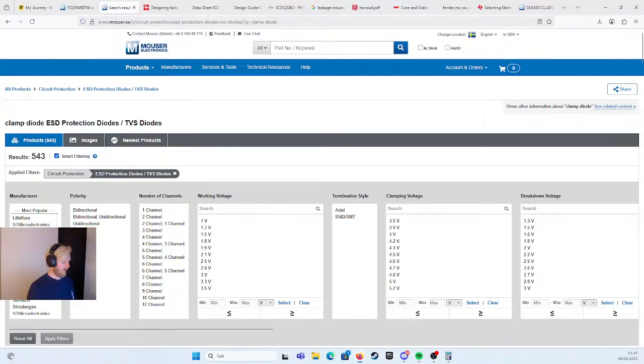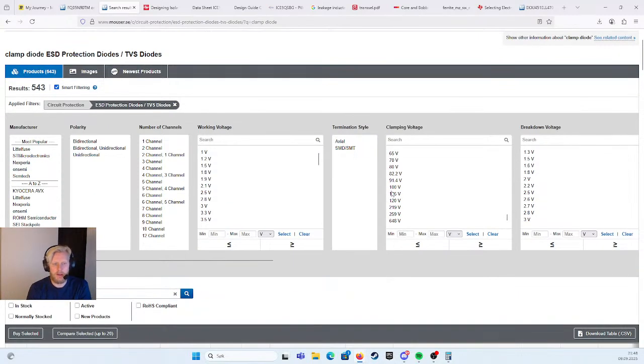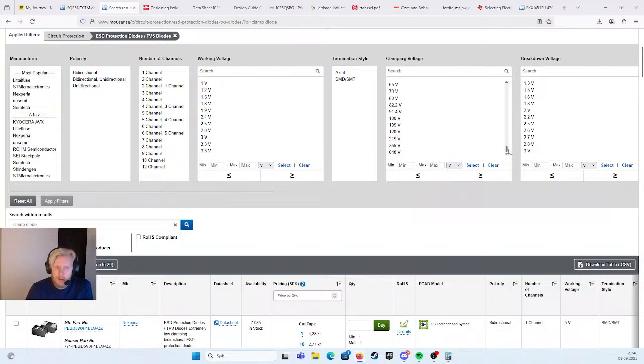TVS diodes are like clamping diodes, or? Working voltage, clamping voltage. So we need... Okay.